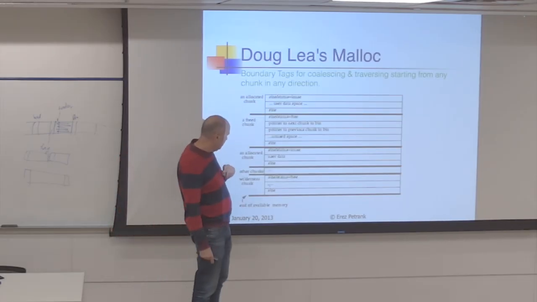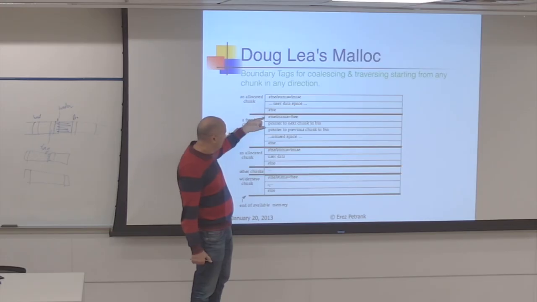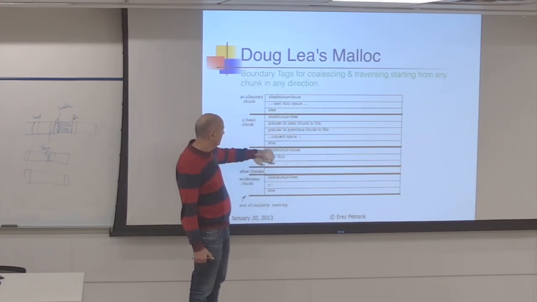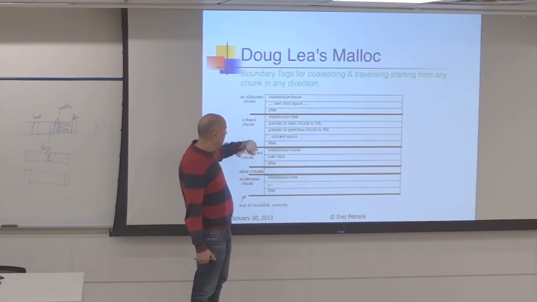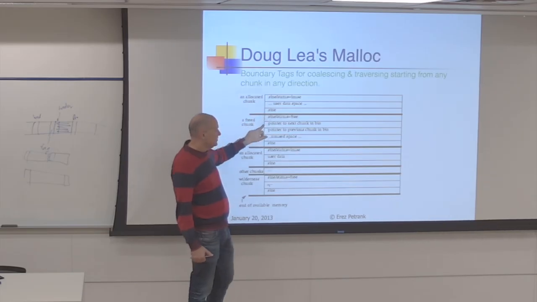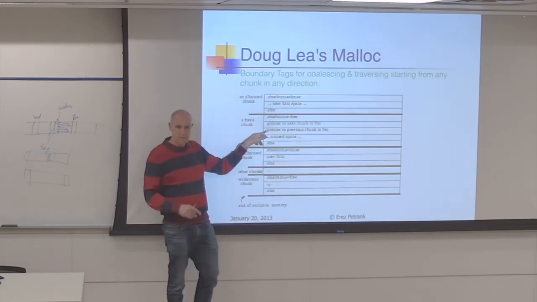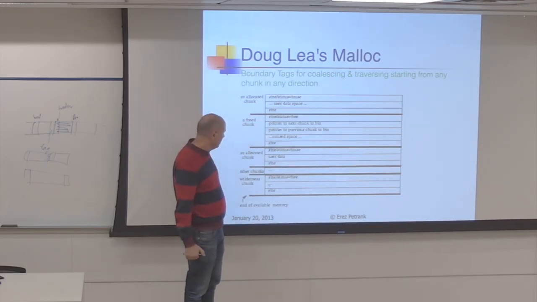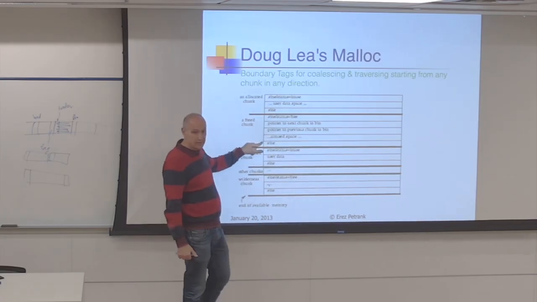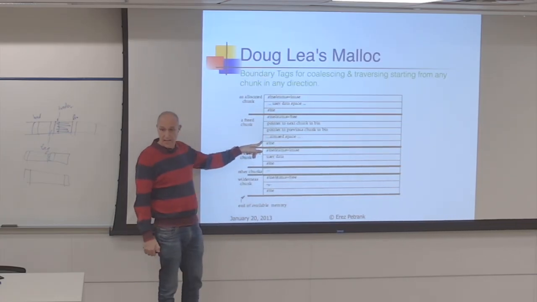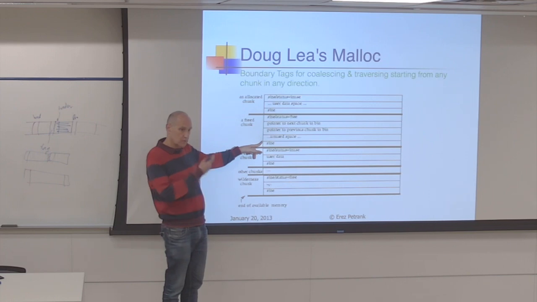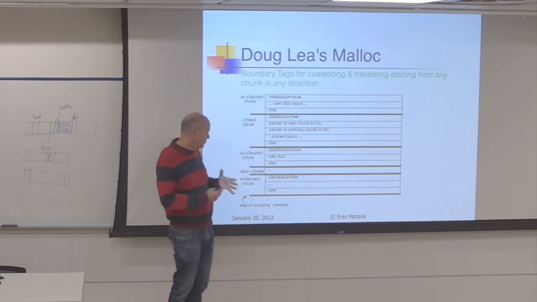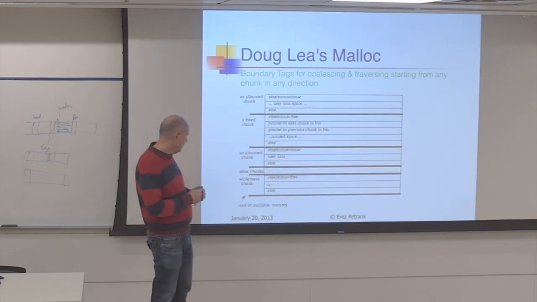You have a status if it's free or in use. If it's free, then you have pointers to the next chunk and the previous chunk. So it's a free list that is handled as a doubly linked list. At the end, you have a boundary tag that tells the size of the object, so you can merge free objects.